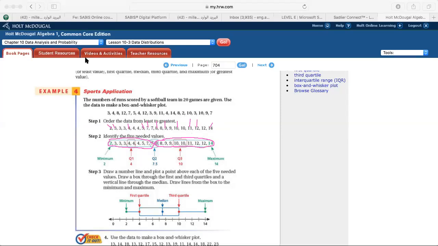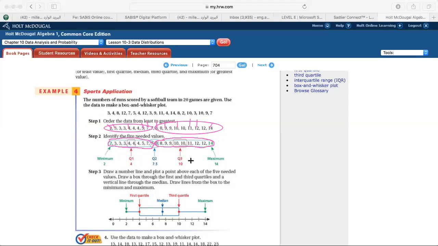The first group is 5 numbers, like this one. And the second group will take the other 6 numbers. So I put here 2, and here I'm going to put all the repeated numbers. And then here I put 8 and 9 and 10 and 12 and 14.